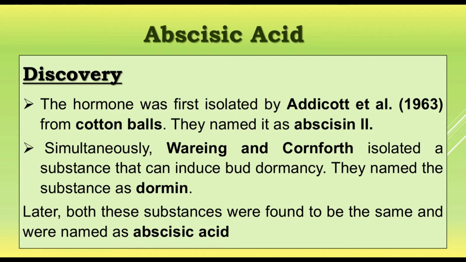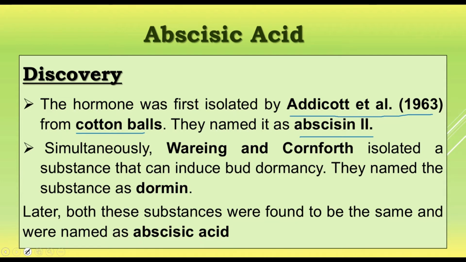One group of scientists worked on the phytohormones and they discovered a compound responsible for inhibition of the growth, and they termed it inhibitor B. Addicott et al. in 1963 isolated a hormone from mature cotton balls. They observed this hormone helps in abscission, so they named it abscission 2.